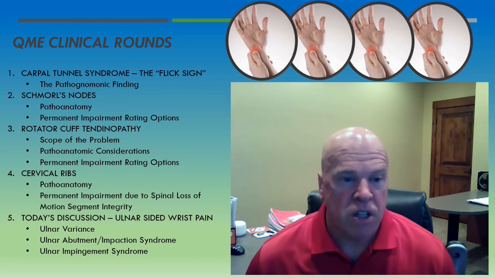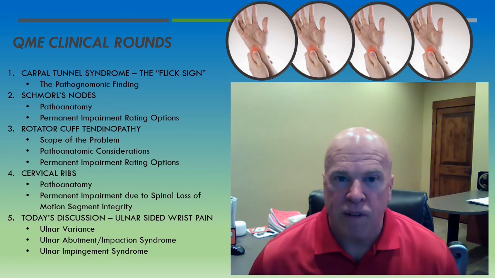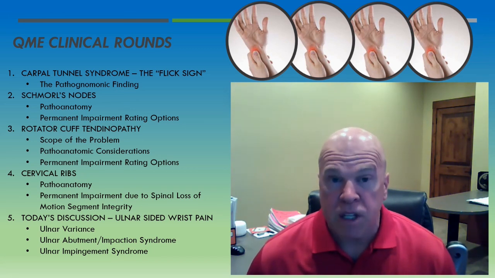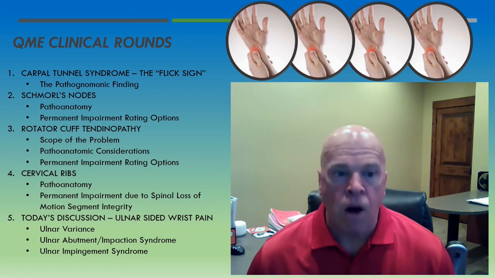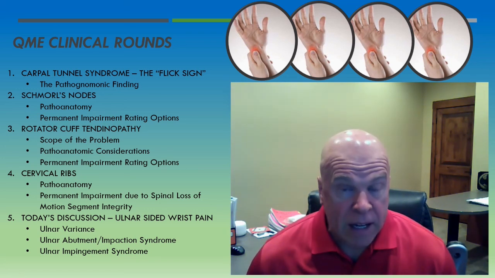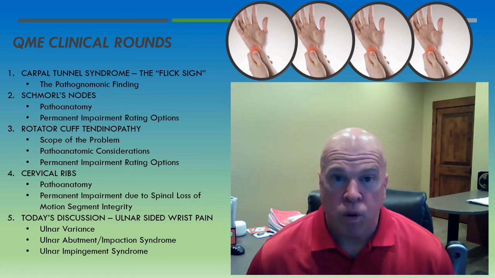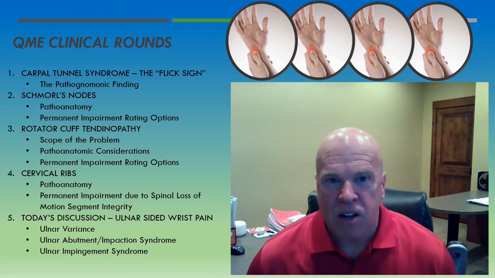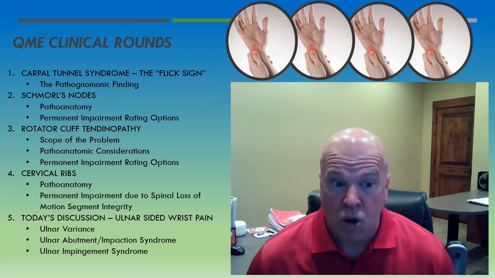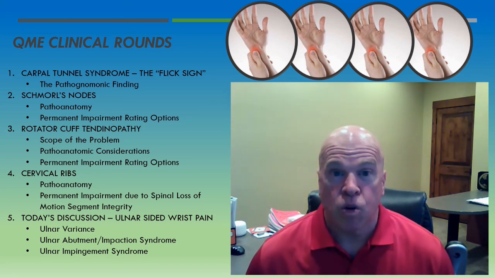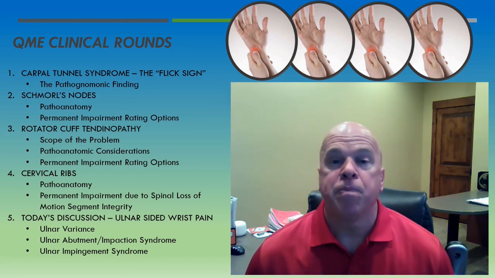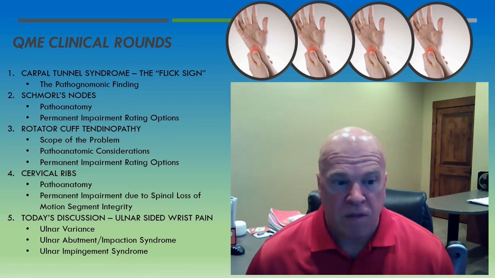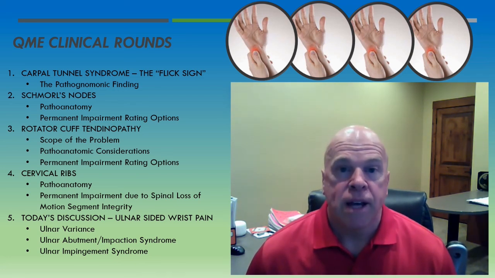And all of these conditions, from carpal tunnel syndrome to cervical ribs, you're going to encounter these conditions in your examinees. Now, two of these findings, the Schmorl's nodes and the cervical ribs, can only be discovered when you order the appropriate diagnostic studies for your examinees. So you will never discover cervical ribs unless you take the time and exercise your initiative to actually order the diagnostic studies.